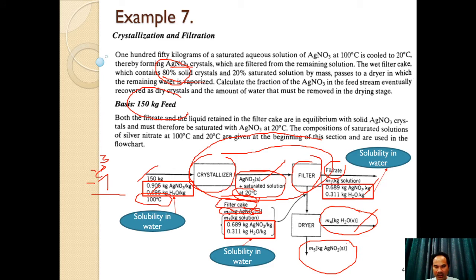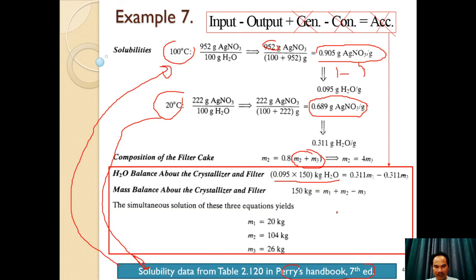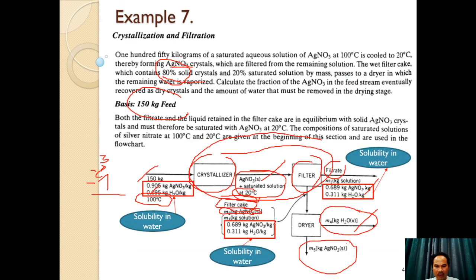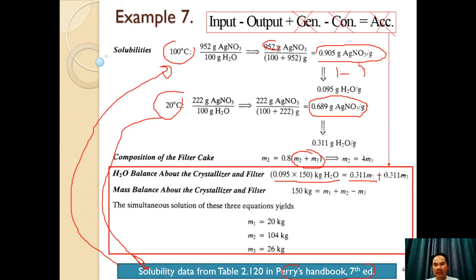Water in filtrate and water in filter cake. Water in filtrate is 0.311 multiplied by M1, plus 0.311 multiplied by M3.